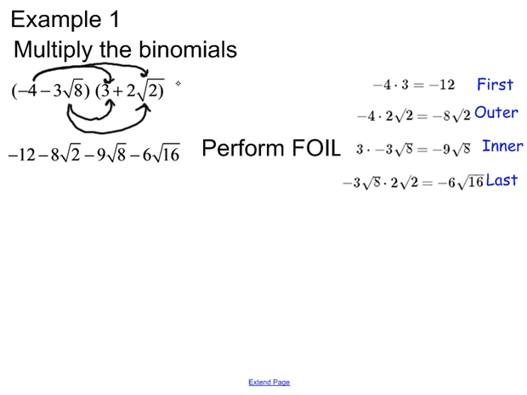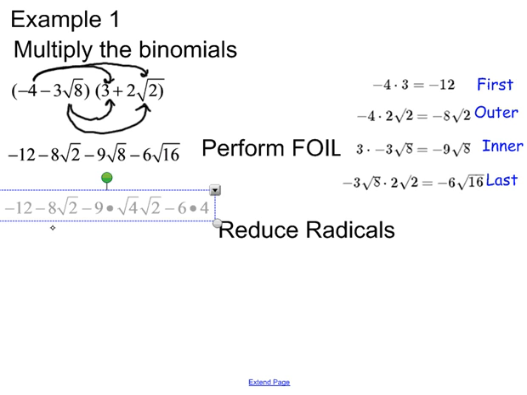So if you're multiplying binomials that involve radicals, you're going to perform FOIL. Okay, now you're going to reduce the radicals. So we got -12 minus 8 radical 2. This cannot be reduced.